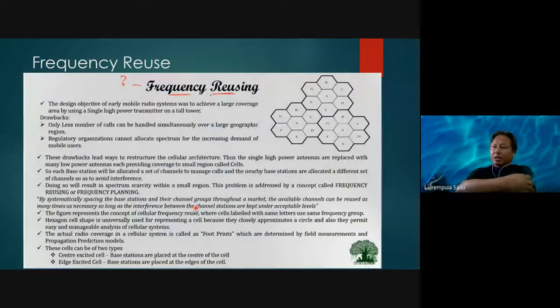Okay, let's move to frequency reuse again. The design objective of early mobile radio systems was to achieve a large coverage area by using a single high-power transmitter on a tall tower. I already explained that. In the earlier mobile technology, they implemented a very high tower and transmitted a very high power signal.